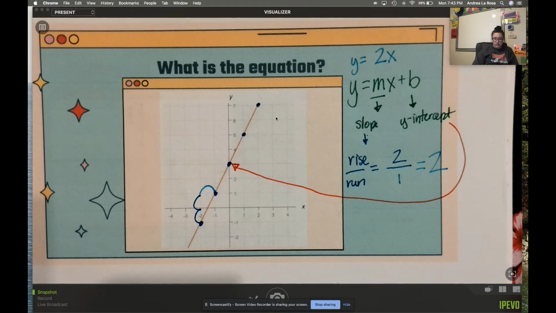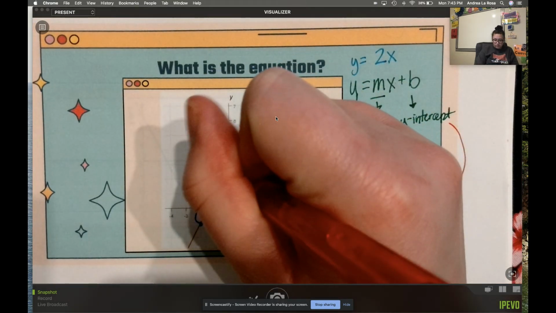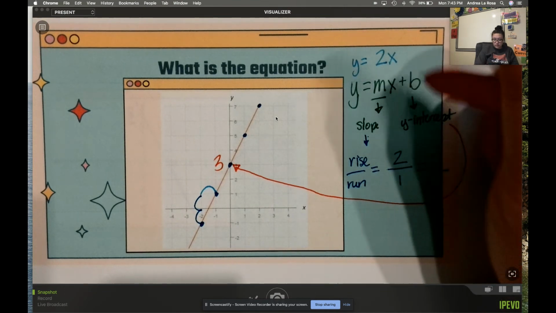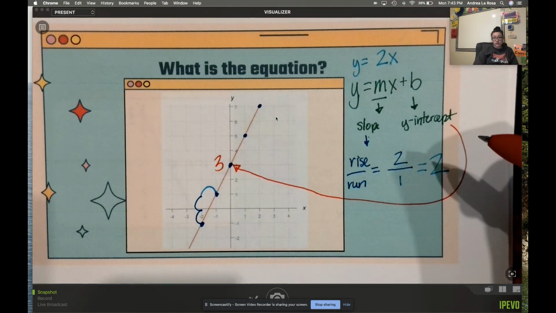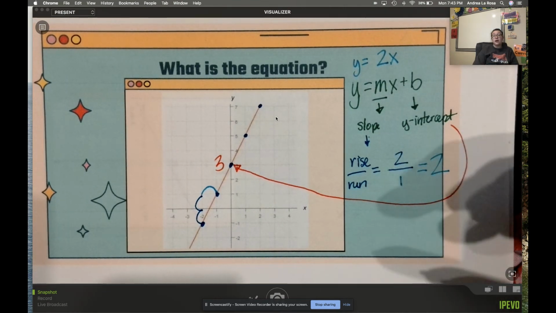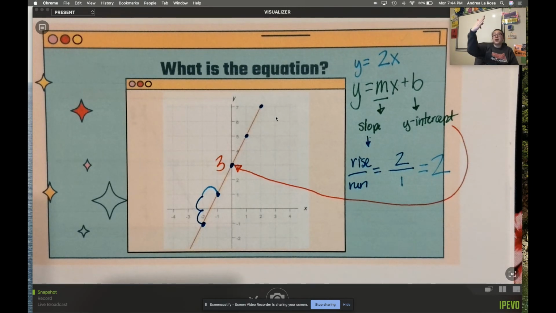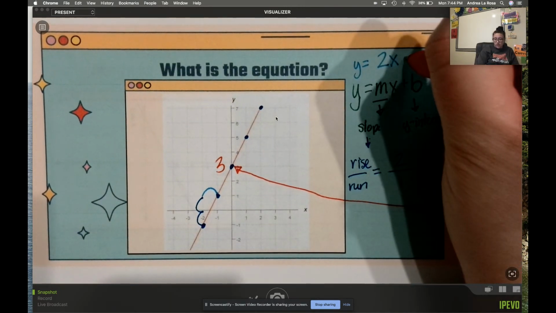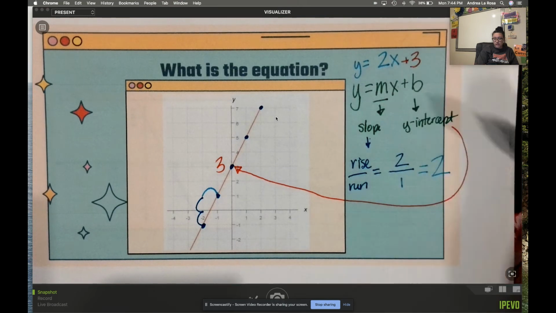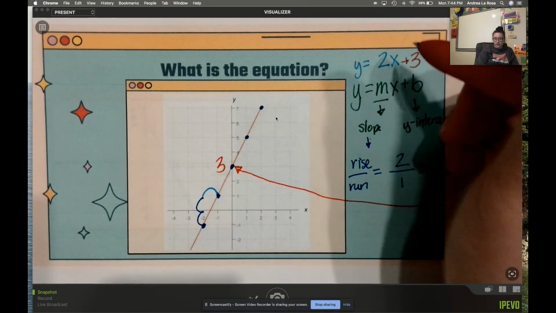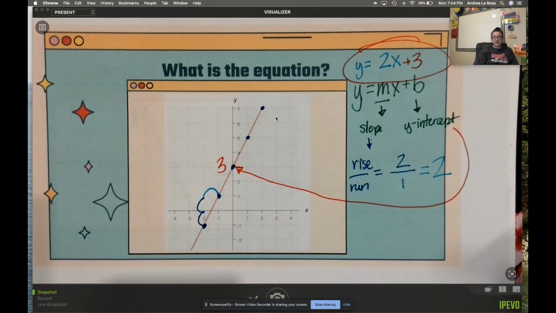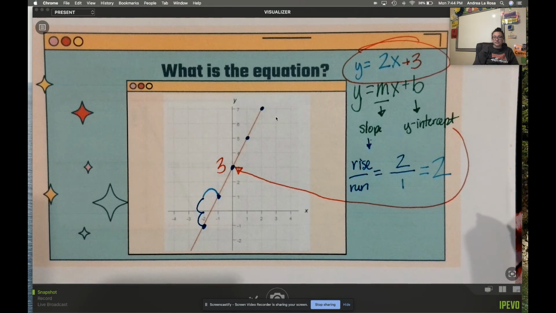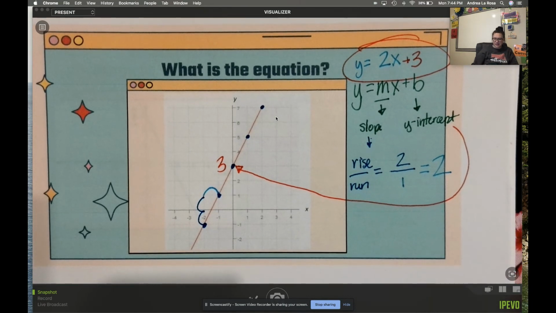What is that number right there? 3. Positive 3 or negative 3? Positive 3 because it's above the origin. So I need to add 3 because it's a positive 3. And there's my equation. Y equals 2x plus 3. Nice job.